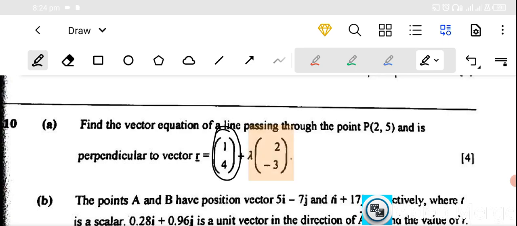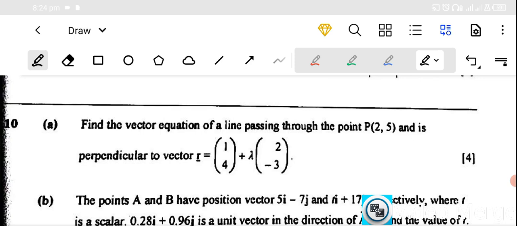So they want you to find the vector equation of a line passing through the point and perpendicular to that. When you write a vector in this form, this is what we call a vector equation. To know the vector equation, we need to know that direction vector.